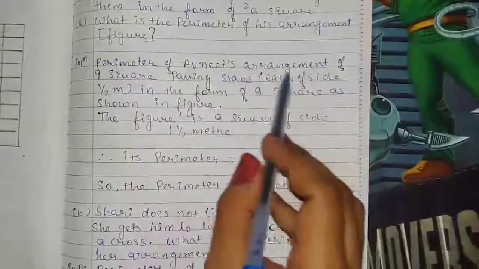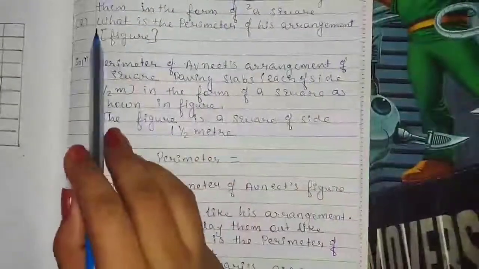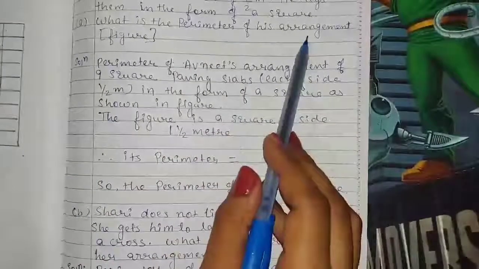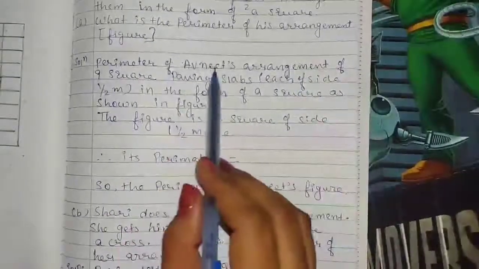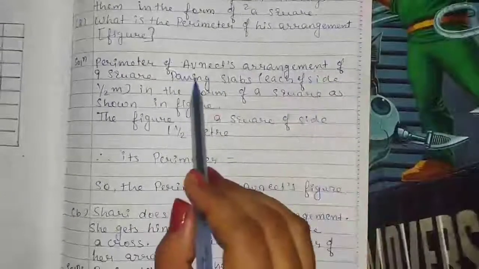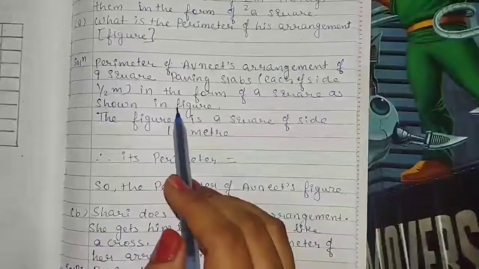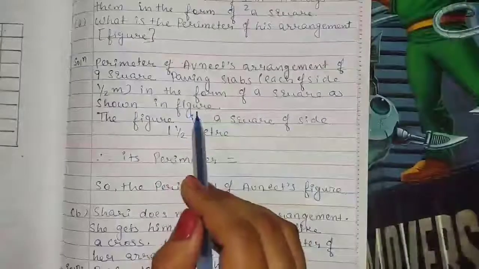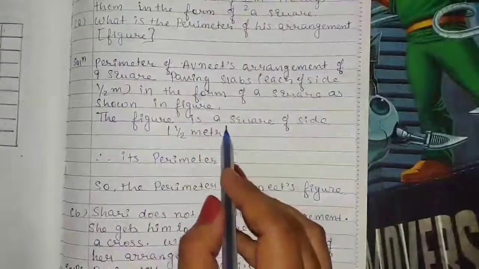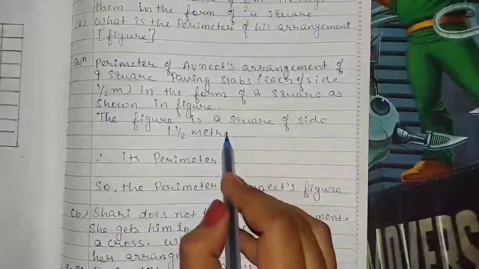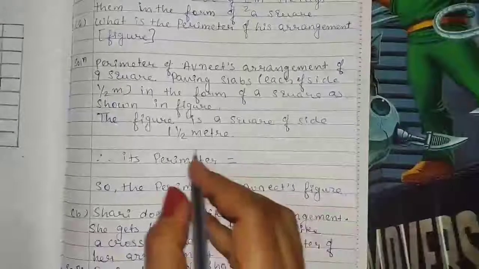Question A. What is the perimeter of his arrangement in the figure? Perimeter of Avneet's arrangement of 9 square paving slabs, each with side 1/2 meter. In this form of a square as shown in the figure, the square has sides of 1.5 meter.